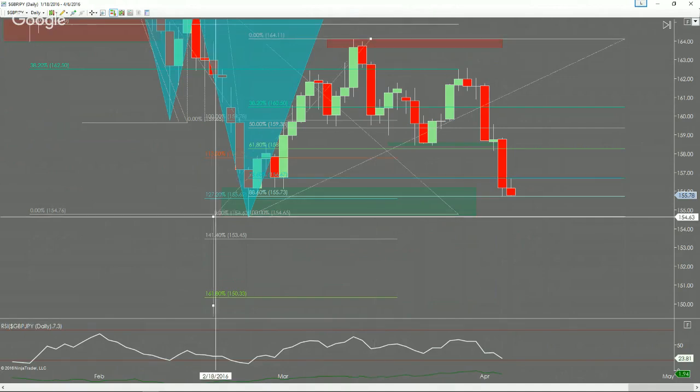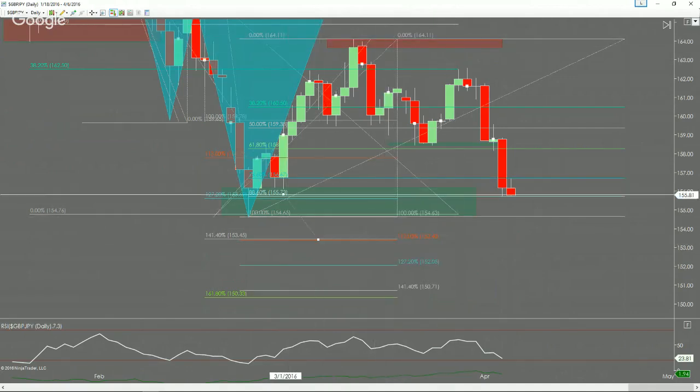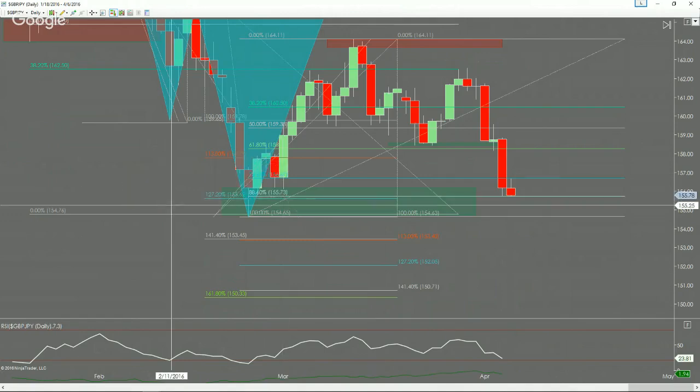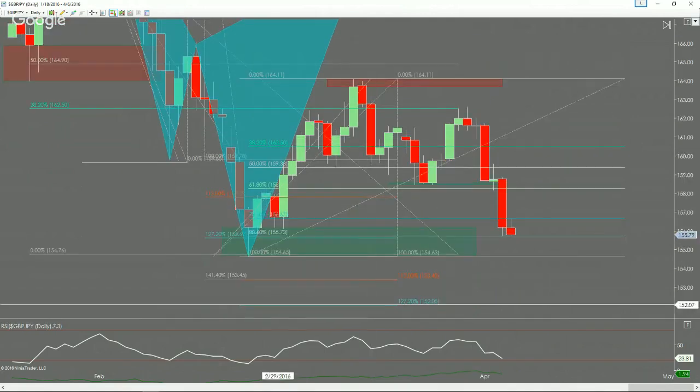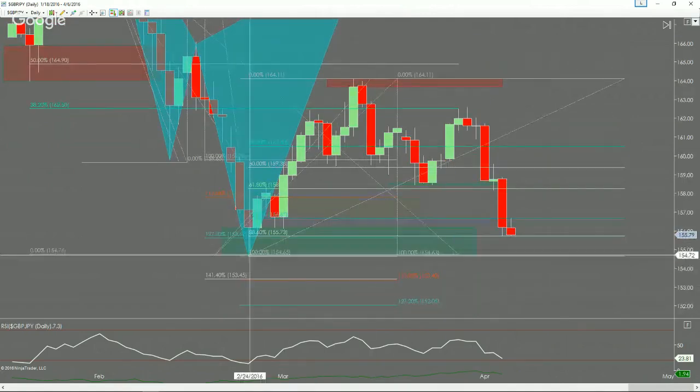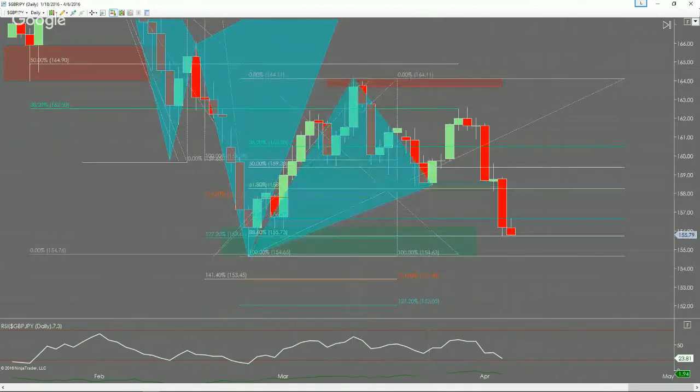Let's see, that is about 234 pips of risk. So if that's something you can tolerate, this is a daily pattern that is at completion point right now.